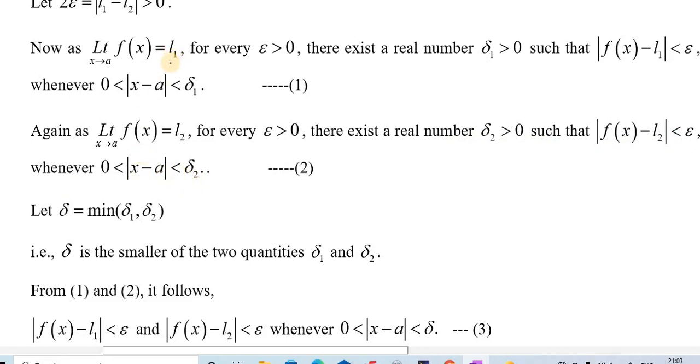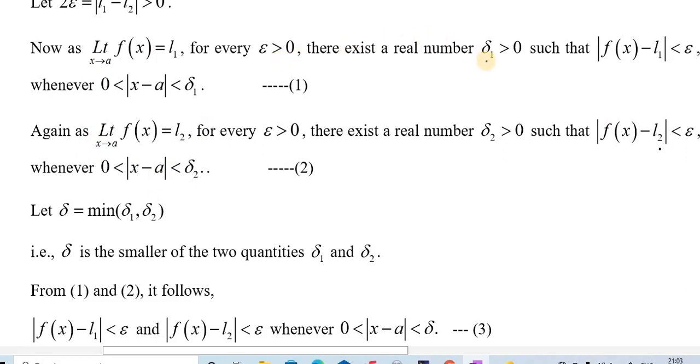Observe, here we have L1, that's why we write L1 here. Here we have L2, that's why we write L2 here. Here also x tends to a, so x minus a.